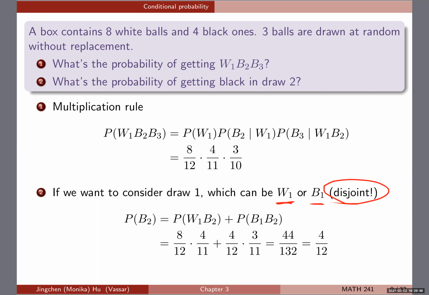However, once we work that out, we're able to use the multiplication rules. And then eventually we're able to get the probability of B2, because the first one could either be white or black, and there are only two possibilities. So once we work out the joint of W1, B2 and B1, B2, we're adding them up to get the final probability of B2.